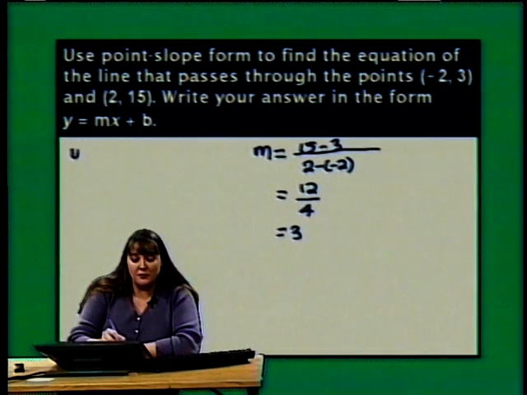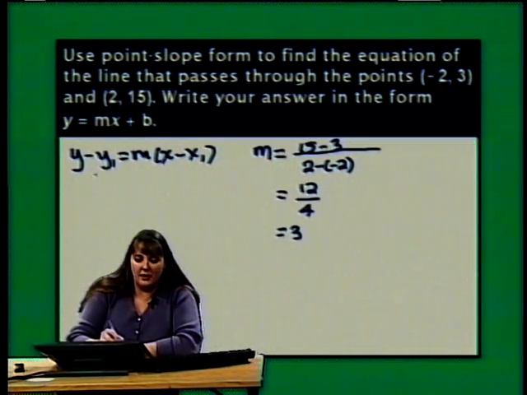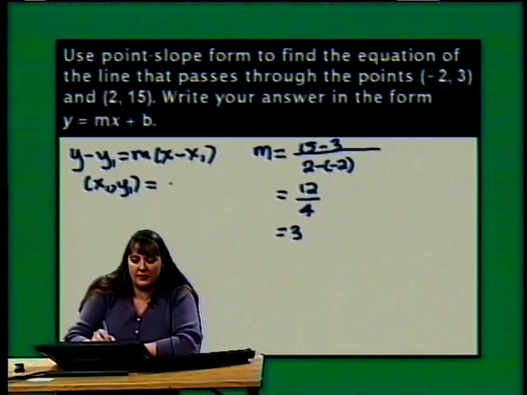Remembering the point-slope form we just developed, y minus y sub 1 equals m times x minus x sub 1. So I've just found that the slope is 3. The other thing I need in the point-slope form is a point. I can use either one of these points. I'm going to make the point 2, 15 x sub 1, y sub 1.